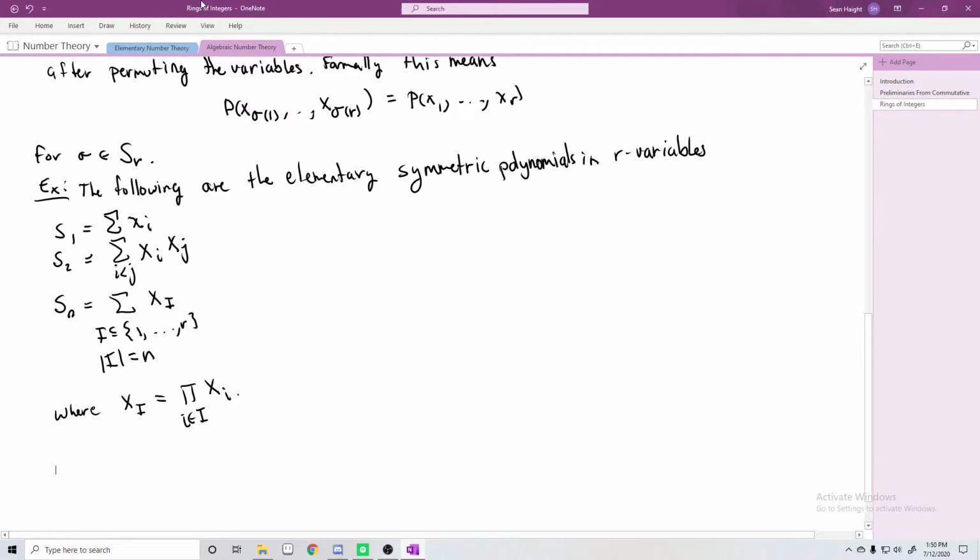And the following theorem essentially says that in some ways the elementary symmetric polynomials are the only ones you really need to care about.